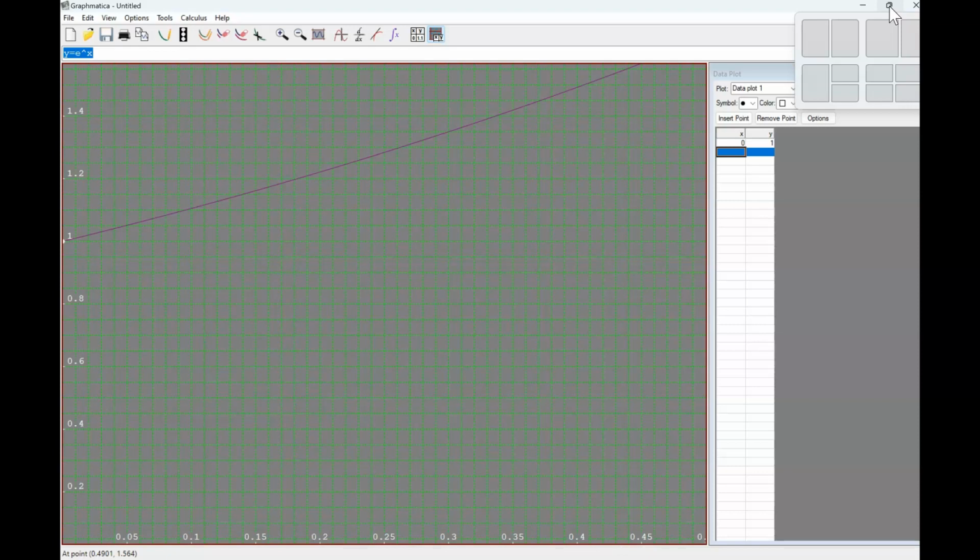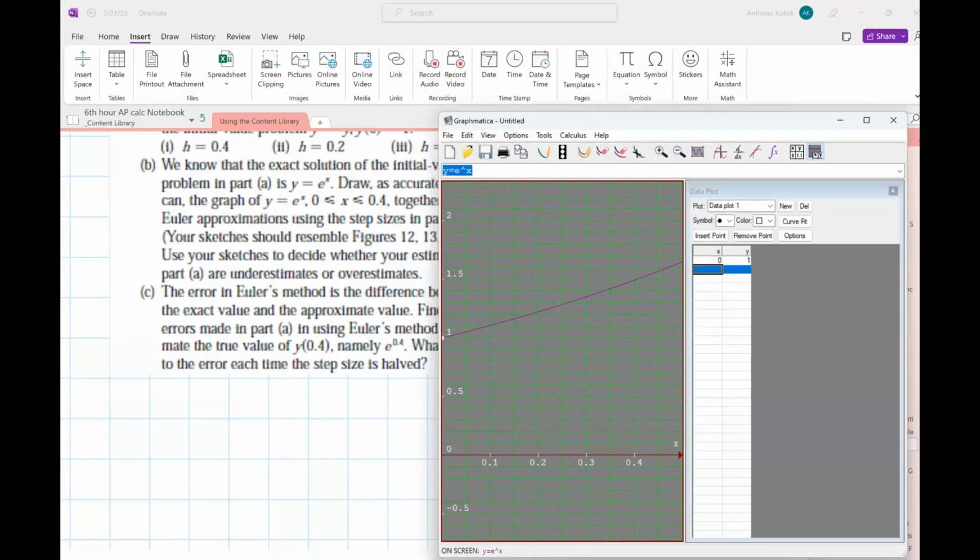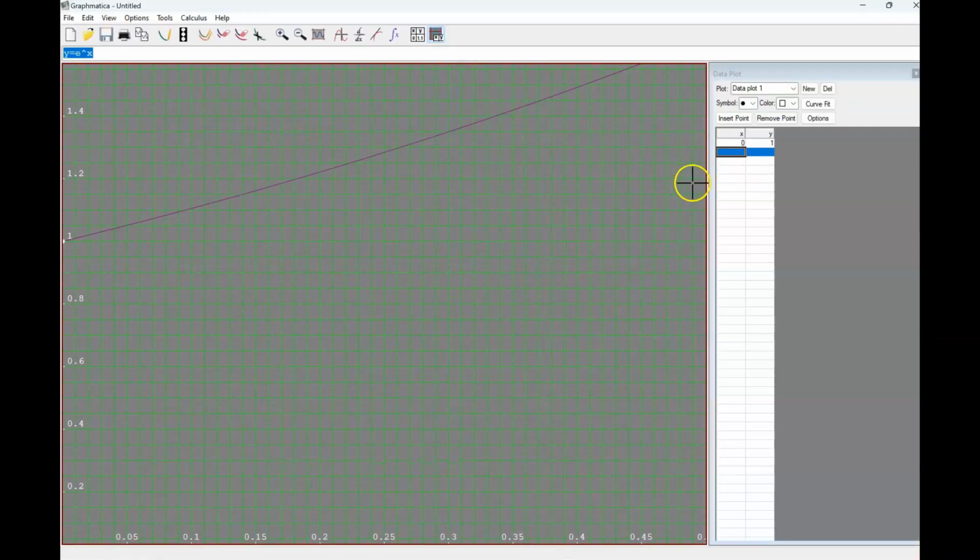For 0.4, we just went straight to, what do we get? We got 1.4, right? So I would just draw the line through those.